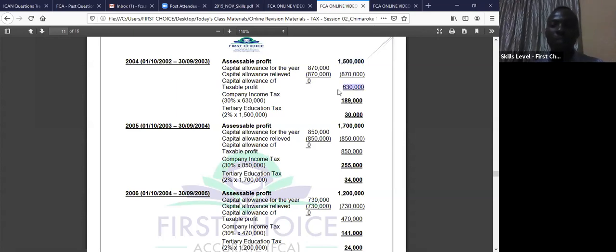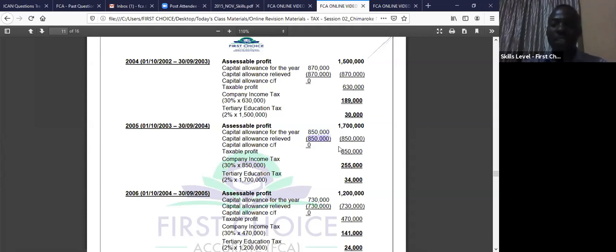630 was your taxable profit. This is your income tax. This is your education tax. For the next year, as usual, we took our 17 from 2004 year ending. Then our capital allowance happened to be 850. When we do 2/3, we found out that no need restricting.